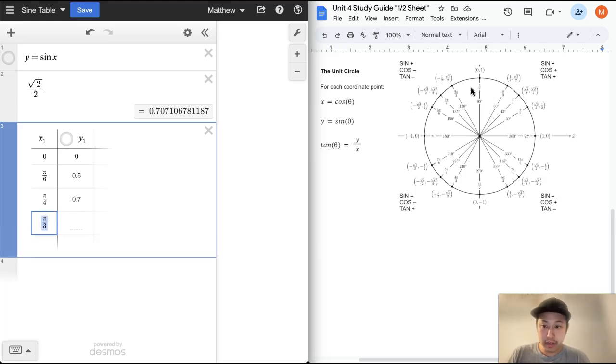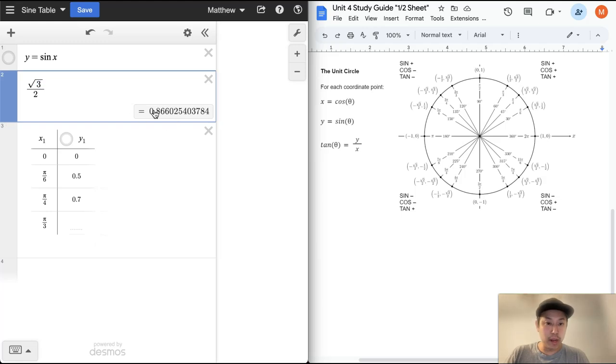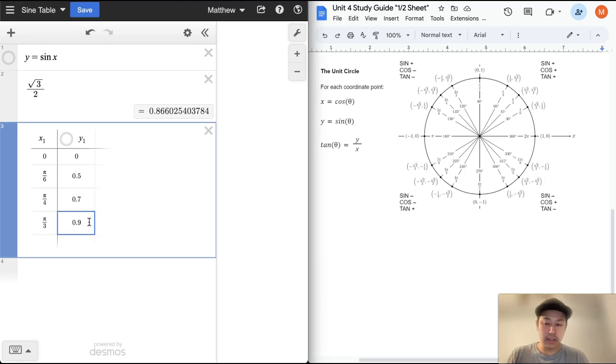Sine of pi over 3 is the y-coordinate at this point, root 3 over 2, which is about 0.9. We're just going to round it to the tenths place, 0.866, but about 0.9. That should give us enough accuracy to see the whole sine curve.